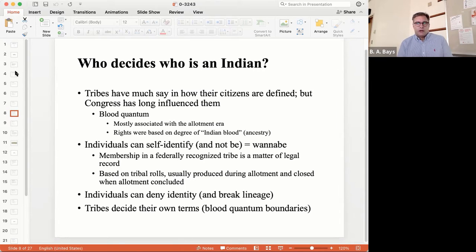Everybody get that? So if you were a so-called full blood allottee, then most of the time it was very difficult to have restrictions removed from your allotment.